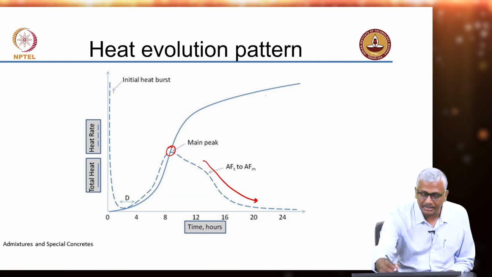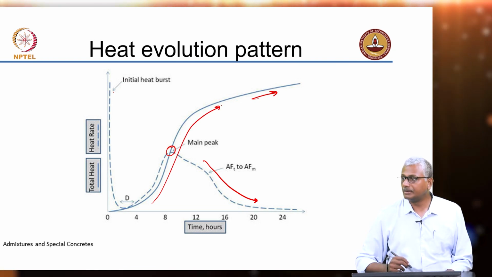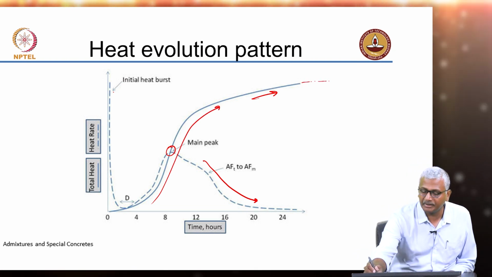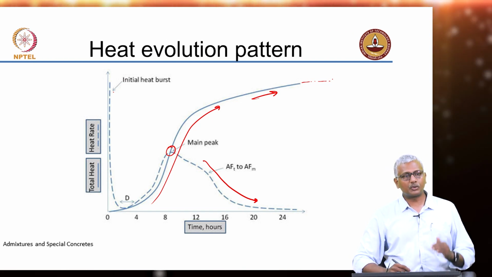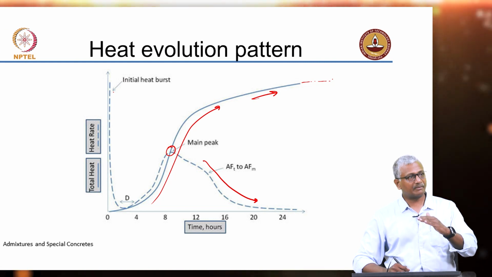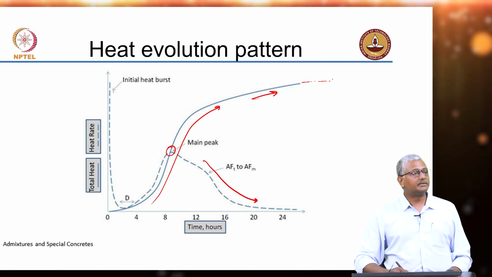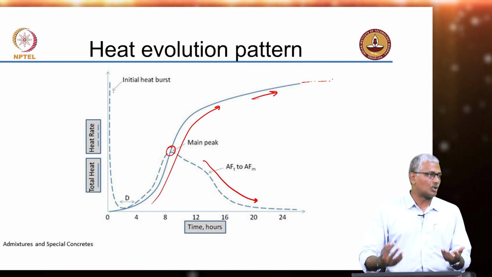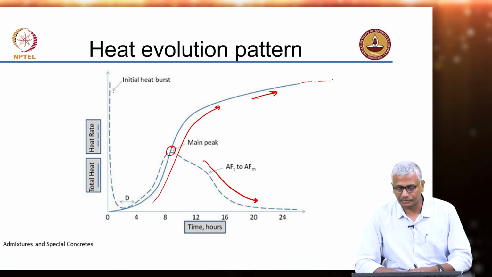In terms of the total heat, it keeps on developing, right, but beyond a certain point it may become close to zero change, but never zero completely, because the reactions will continue as long as there is water available, as long as there is space available for the hydration products to grow, and so on and so forth, right.